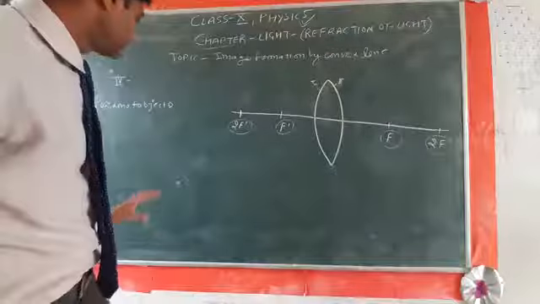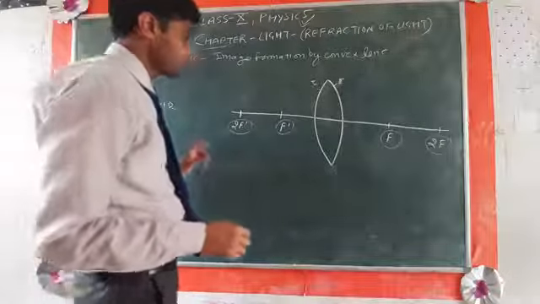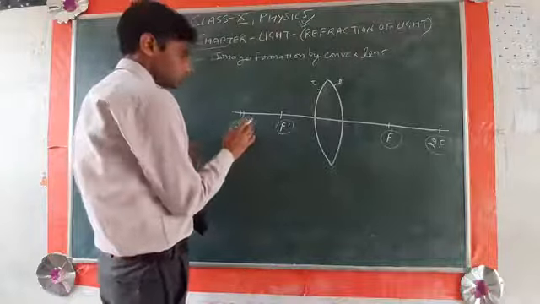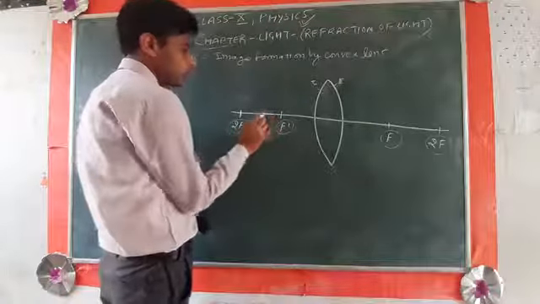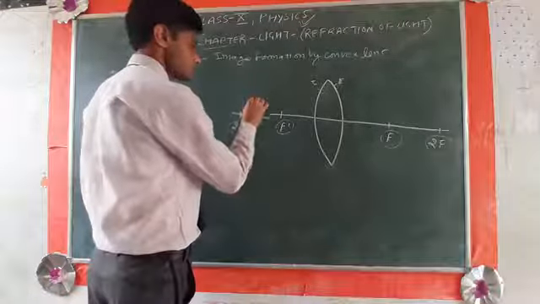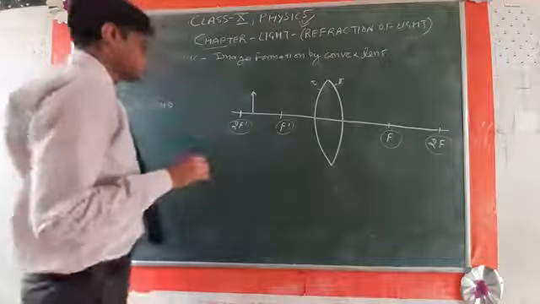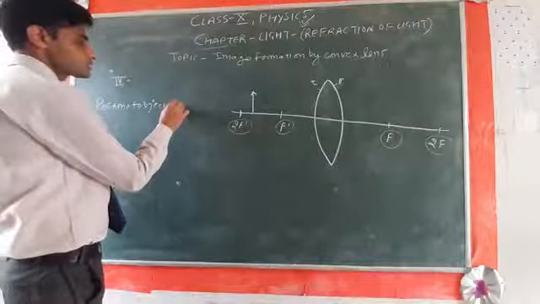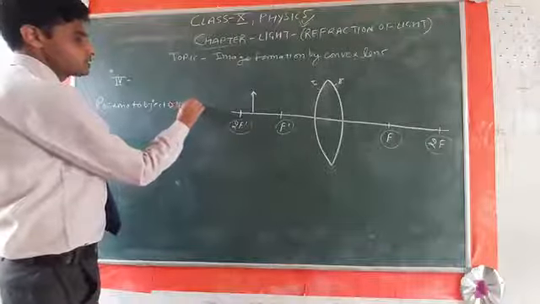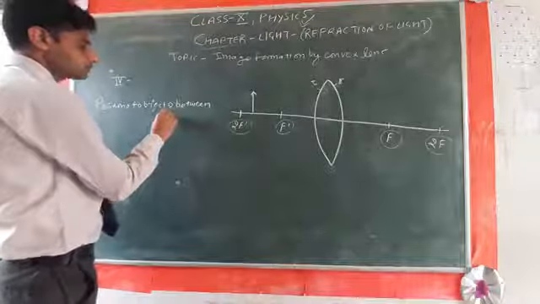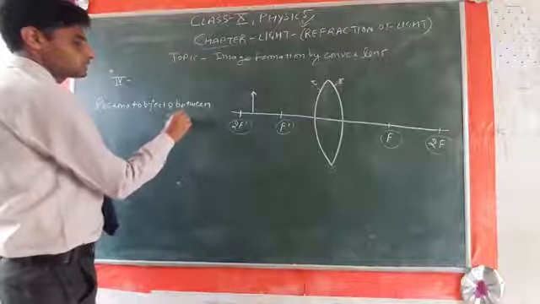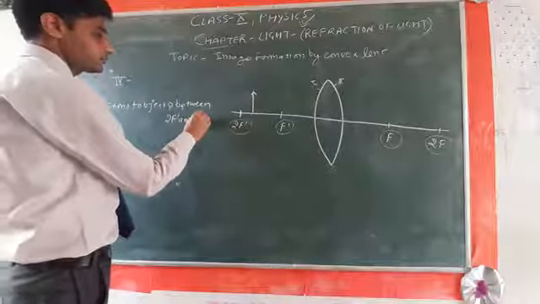Now in the 4th case, the position of object is between 2f dash and f dash.